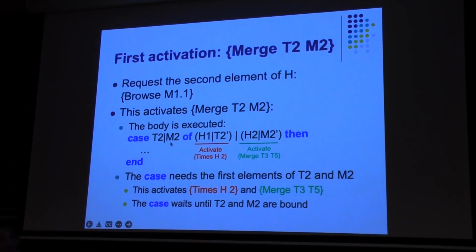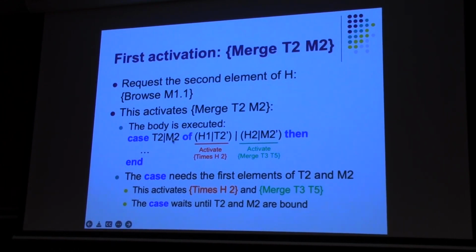T2 and M2 also have lazy suspensions attached to them. So I make them in red and green to make it easy to understand. When I do case T2 of H1 bar T2 prime, this will cause T2 to be needed, and therefore times H2, which has a wait needed attached to that, will activate, will start running.